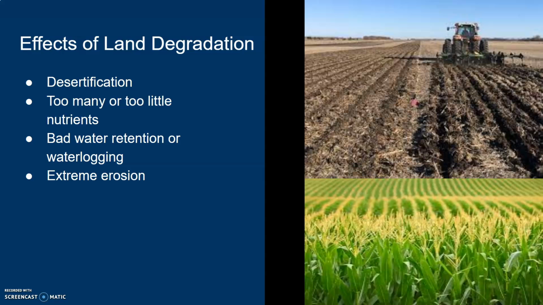Now, when a farm decides that it's going to use too much fertilizer or maybe get salinated or something, the nutrients also overflow into the surrounding area.